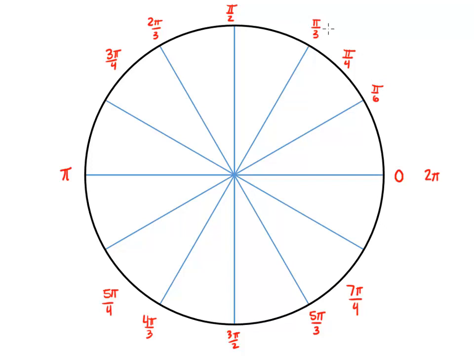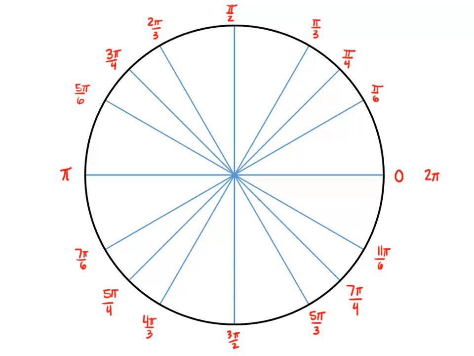Another piece makes 2 pi over 6, 3 pi over 6, 4 pi over 6, 5 pi over 6, 6 pi over 6, 7 pi over 6, 8 pi over 6, 9 pi over 6, 10 pi over 6, 11 pi over 6, and 12 pi over 6. So that's the unit circle with the radian measures. And if we click right here, we can see all of them. So that's what the unit circle looks like with radians.